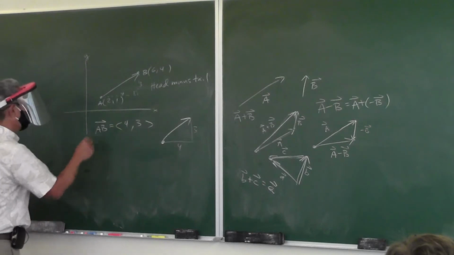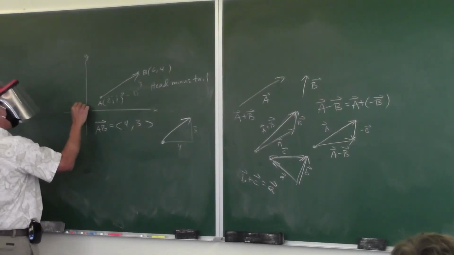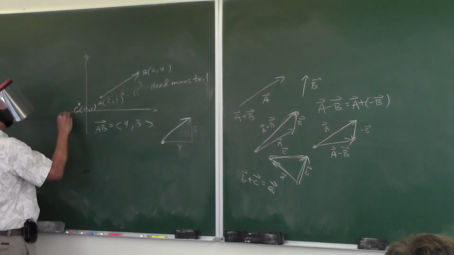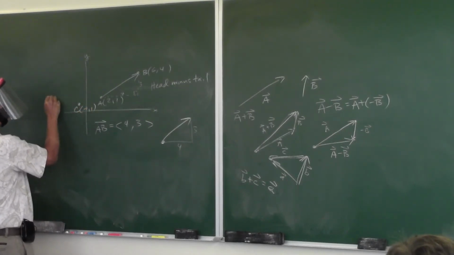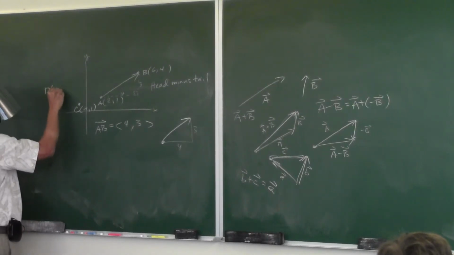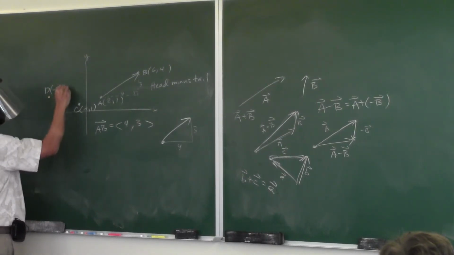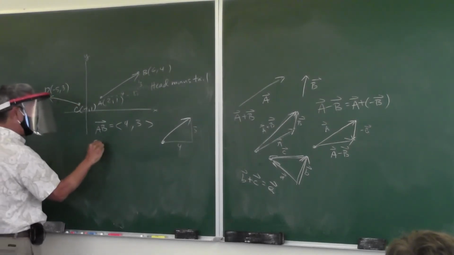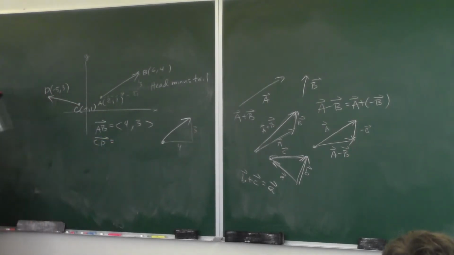Okay, let's do another one. How about here? This is point C, negative 1, 1. And let's say point D is over here somewhere. Here's point D. What does that look like? Negative 5, 3. Okay, componentize vector CD now. How do you componentize the vector that goes from C to D? Head minus tail.